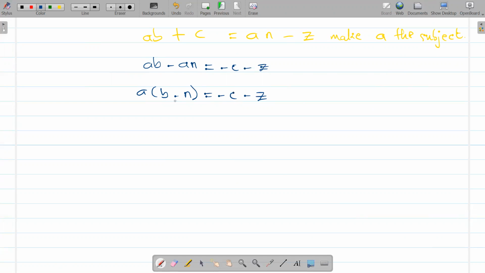You did not get it right. Okay, I got it right, but it was just only the A, the first part. I made it addition. I did A into bracket B plus AN equals C minus Z. That is wrong.